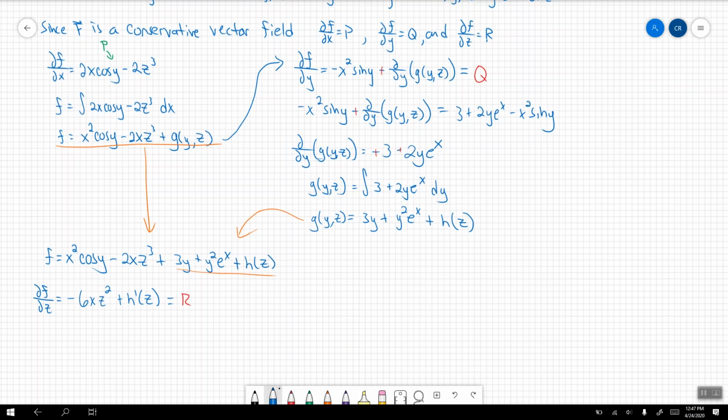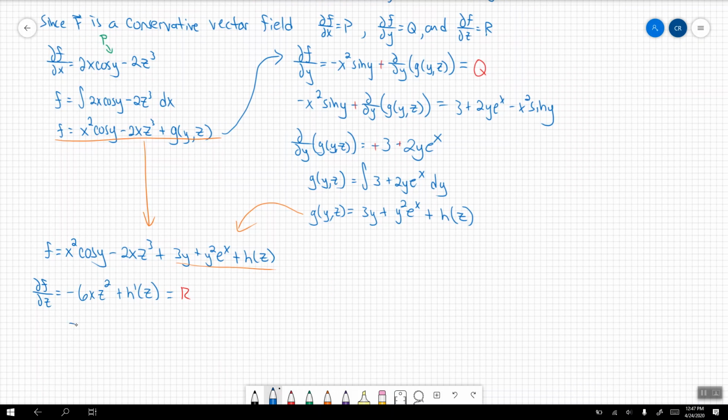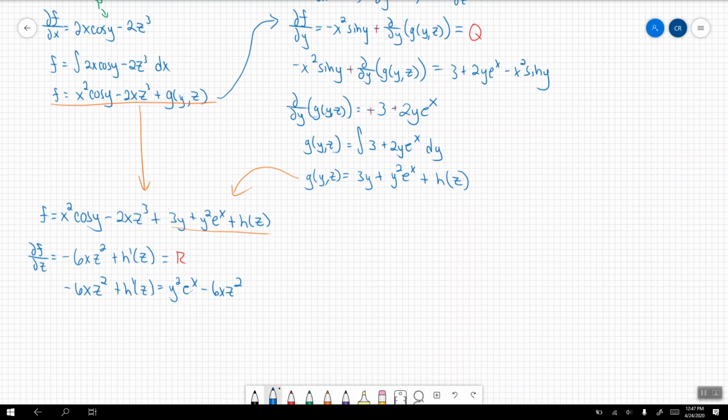So what does that look like? Well, this now looks like negative 6xz squared plus h prime of z is equal to r, and r was y squared e to the x minus 6xz squared. Notice the negative 6xz squareds are going to cancel, which means we're only left with h prime of z is equal to y squared times e to the x.